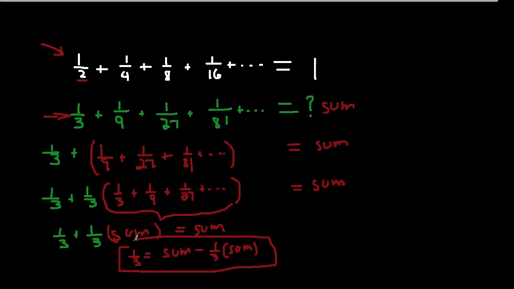Now let me rewrite this up here, because I run out of space down there. I'll write it in green. Now sum minus 1/3 sum is 2/3 sum. So I have 1/3 on the left side of the equation equals what's on the right, sum minus 1/3 sum is 2/3 sum.